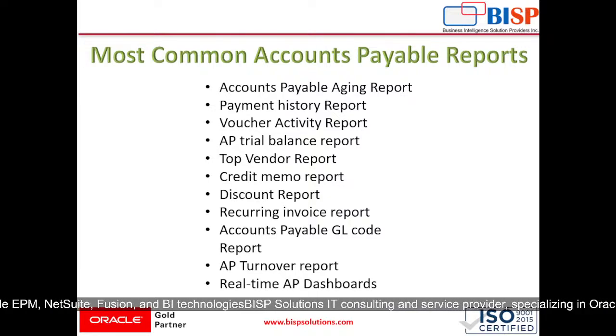Like if a person pays all his debts, bills or loans before the due date, the lenders also consider him a trustworthy vendor or organization that pays on time or before time and doesn't lack any payments. So that's why the AP turnover report is required.